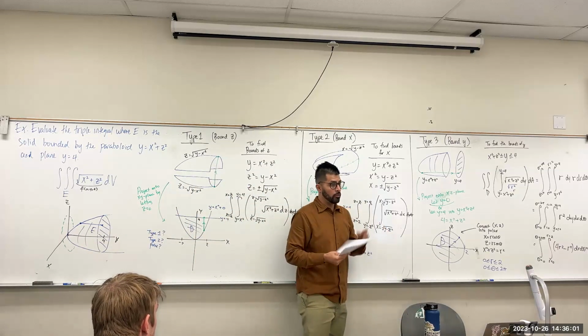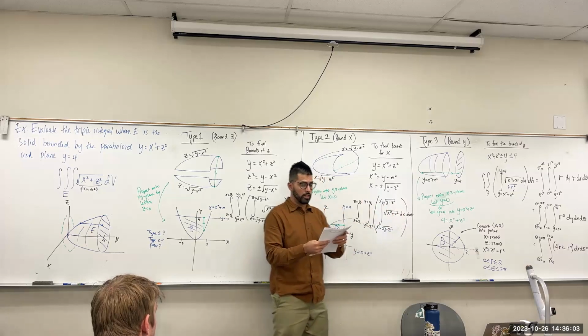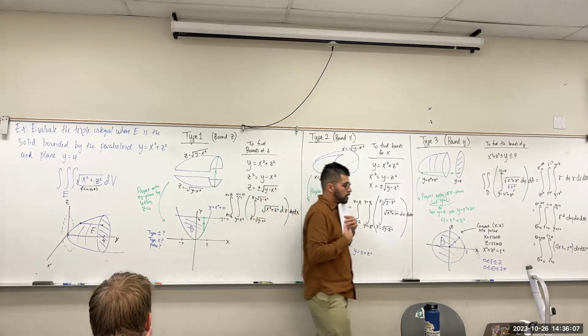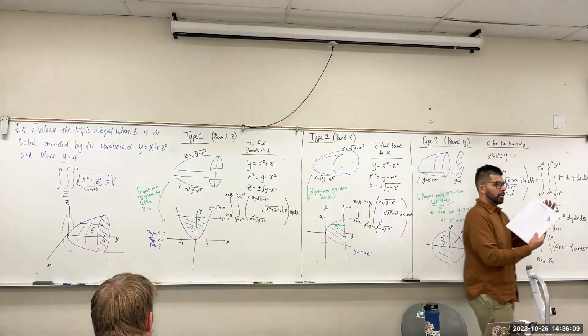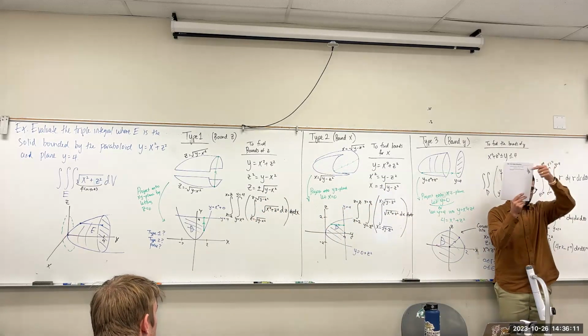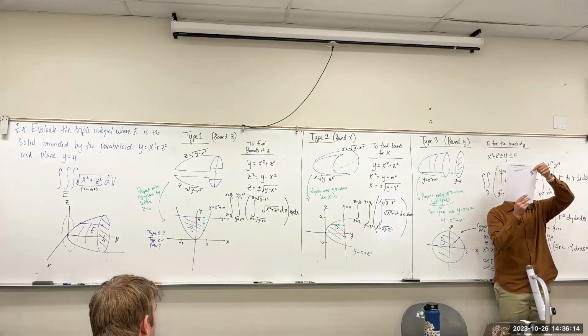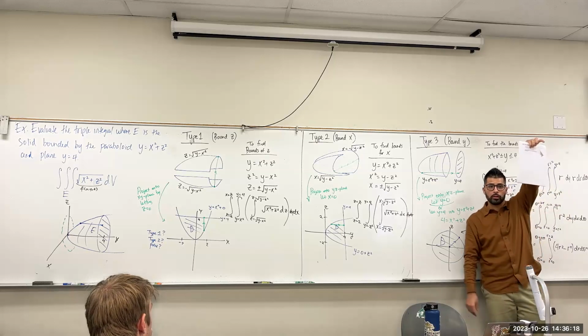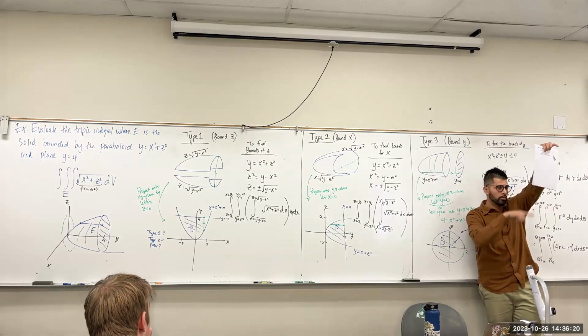Okay, these are rough. So it's the first day. So what I'm going to do is, I have a solid that's given to you here, and I gave you one possible way of constructing the triple integral.